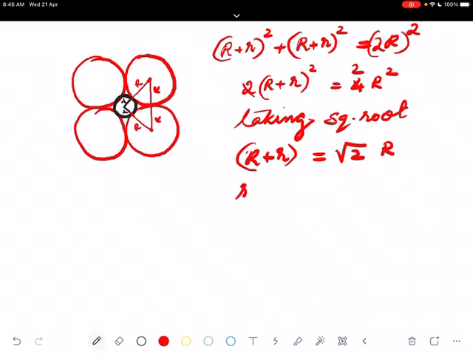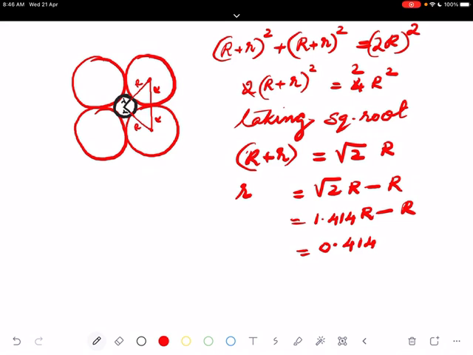Or small r is equal to root 2R minus capital R. What is root 2R? 1.414 capital R minus 1R. So 1.414R minus 1R is 0.414 capital R. Or taking that capital R to the left-hand side, that is r by capital R.